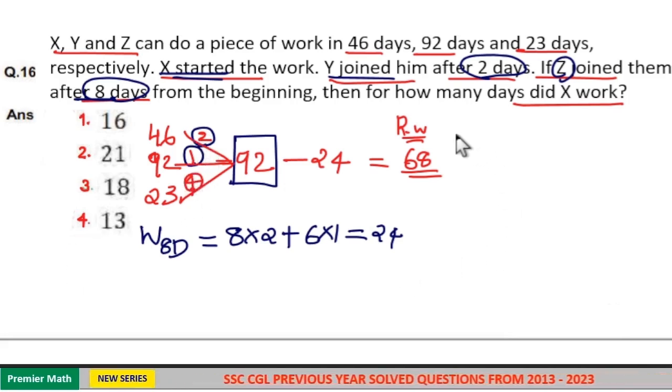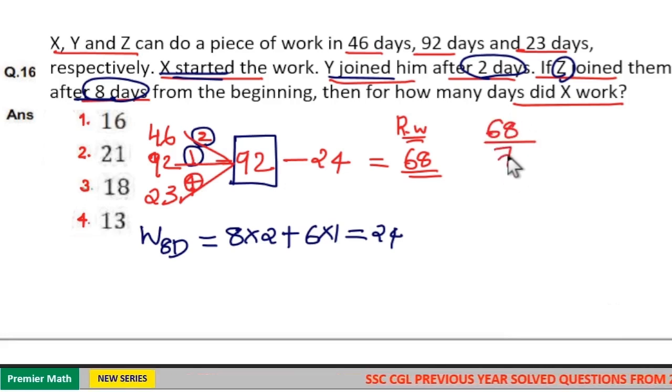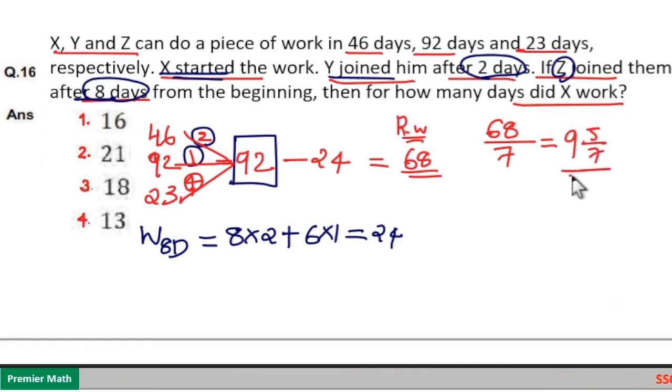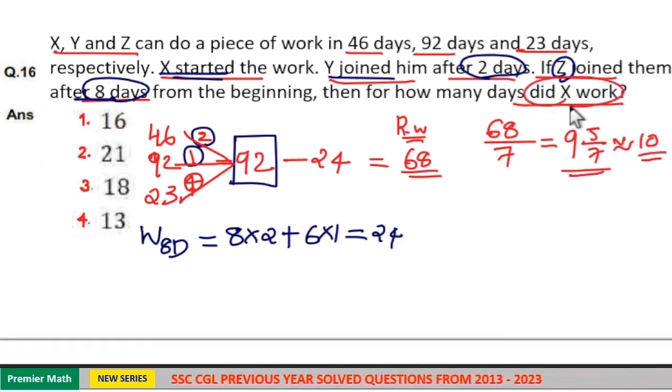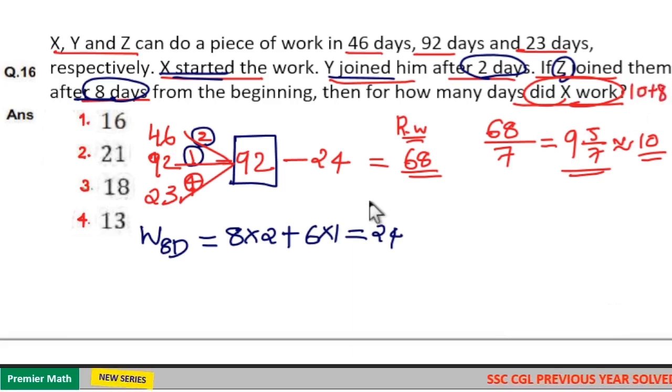So the remaining work 68 will be completed in 68 by 7 days. 7 goes 9 times in 63, remaining 5, so 9 and 5 by 7. This is around 10 days. So X should work 10 days plus the initial 8 days he worked, 10 plus 8, 18. Option 3 is your answer.